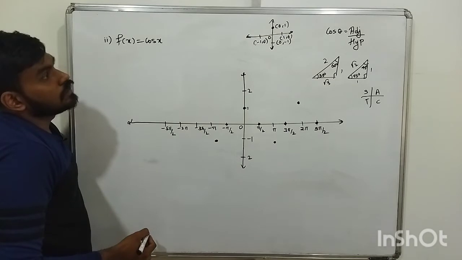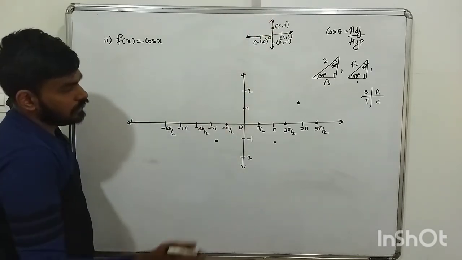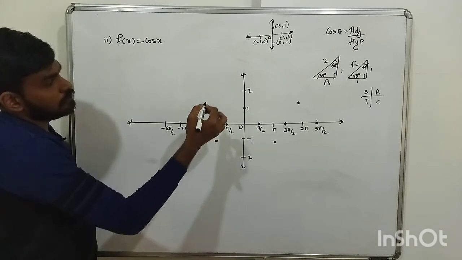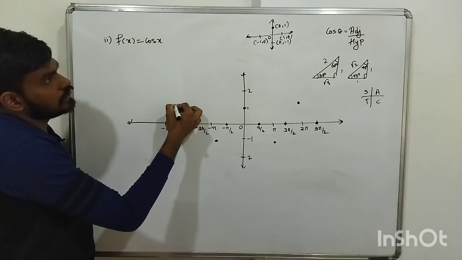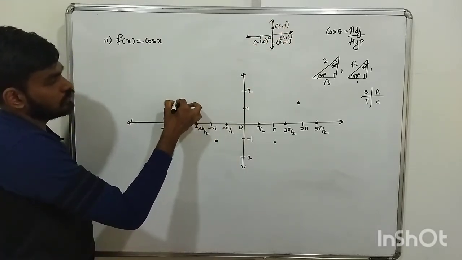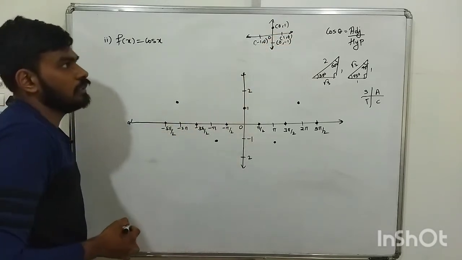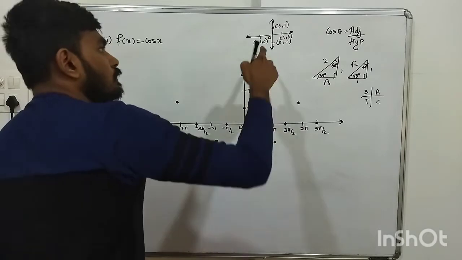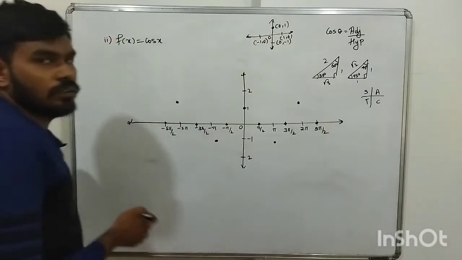Then cos of minus 3 pi by 2 is 0, correct? And cos of minus 2 pi is here, 1, correct? And cos of minus 5 pi by 2, again down, 0, and so on. Okay, so for positive values we go anti-clockwise, remember, and for negative values we go clockwise.